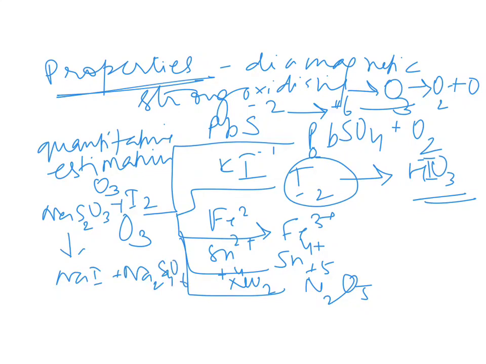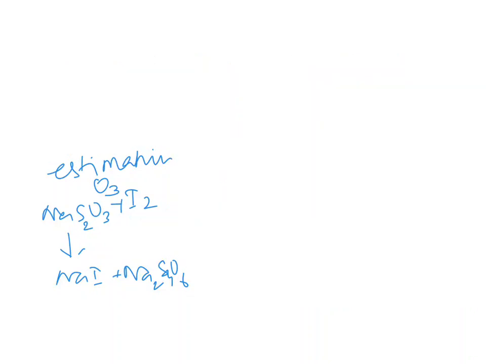So the iodine liberated is measured by the reaction with this, and thus it is useful in quantitative estimation of ozone. So this finishes ozone also, and I end this lecture here.